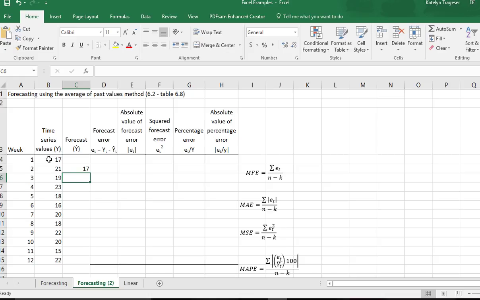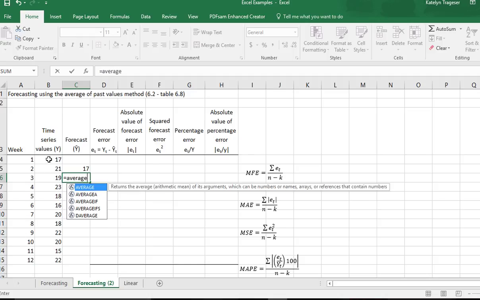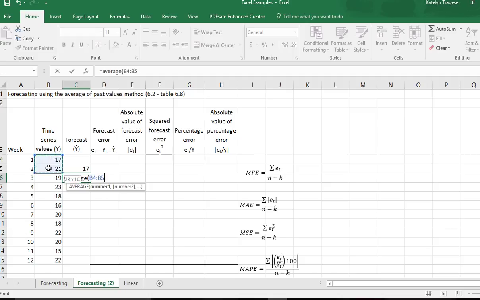Now, in week 3, here's where we start to get into a more complicated equation, but we can just use the Excel function. So equals average, and we want the average of the previous 2 periods. But we would like to lock in this first one because we always want to start here and then we just want to drag down and have as many as we need.